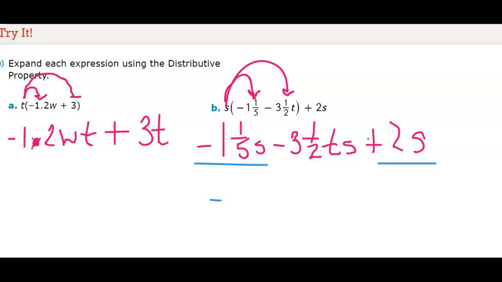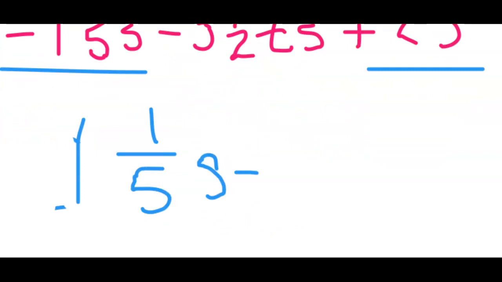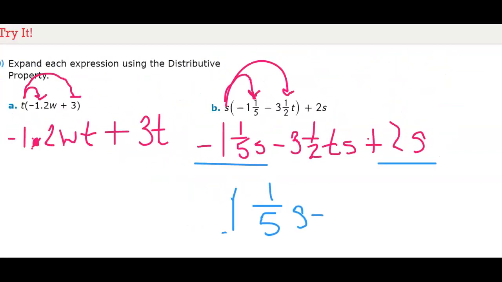I'm so sorry, it's -1 and 1/5 plus 2, so that's going to be a positive 1 and 4/5 times S, minus 3.5 times T times S. And this will be your final expanded form of B.